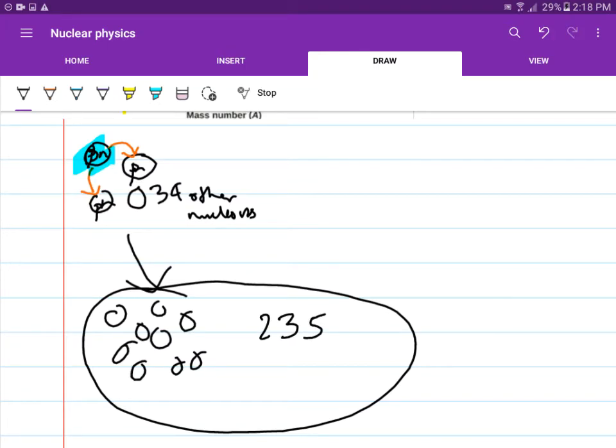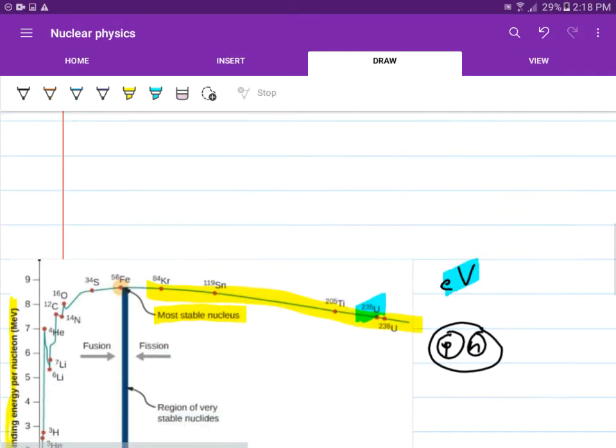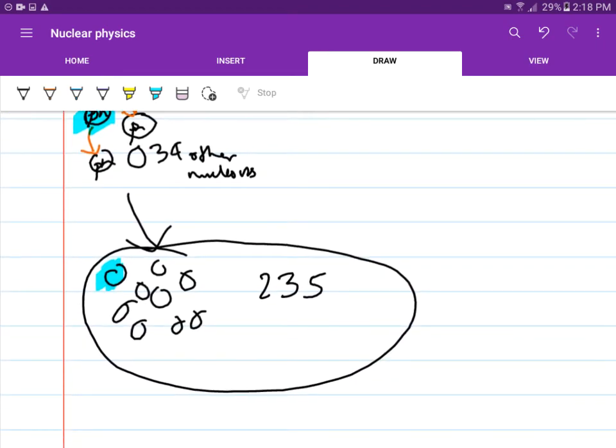So this individual nucleon can only interact simultaneously with its immediate vicinity. So it can only experience binding energy from this region.